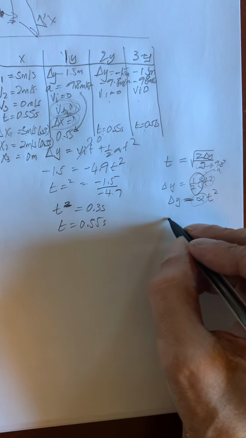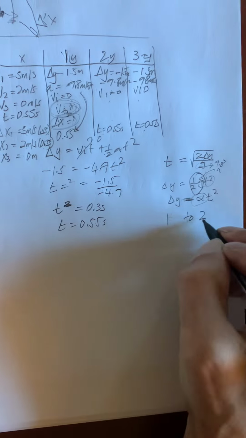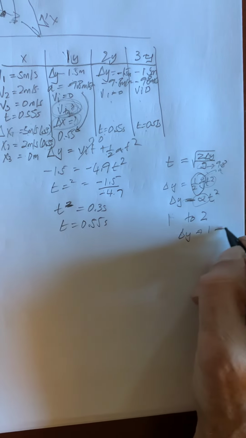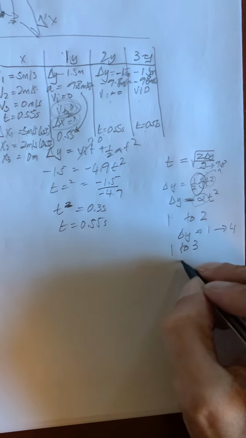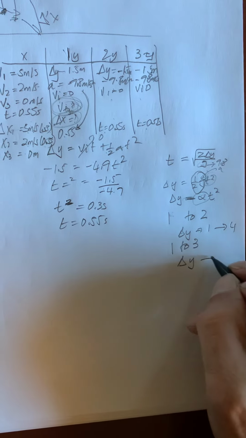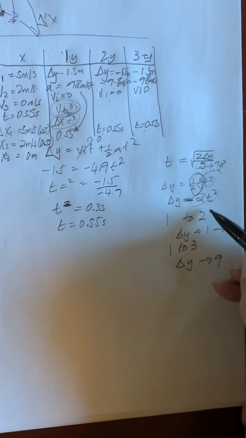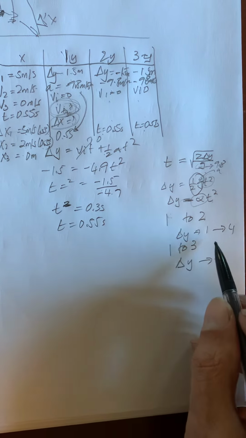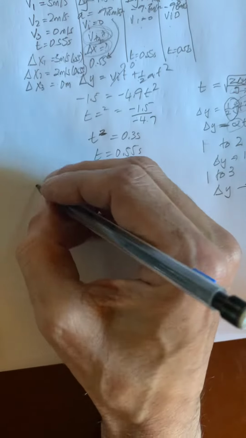If time is increased from 1 to 2 seconds, the delta y will go by a factor of 1 to 4. If time changes from 1 to 3 seconds, delta y will go from this to 9. And it'd be 9 times more than it was during the first time. And so you can see that the delta y rapidly grows.